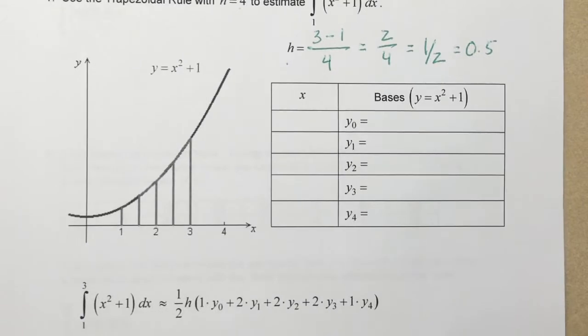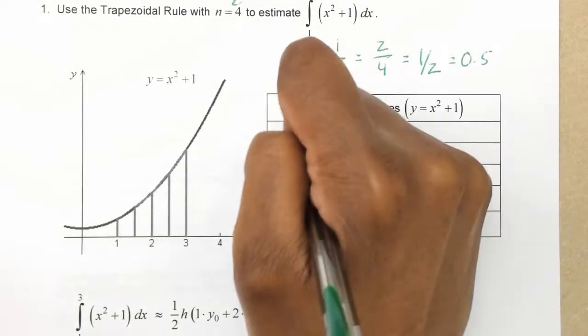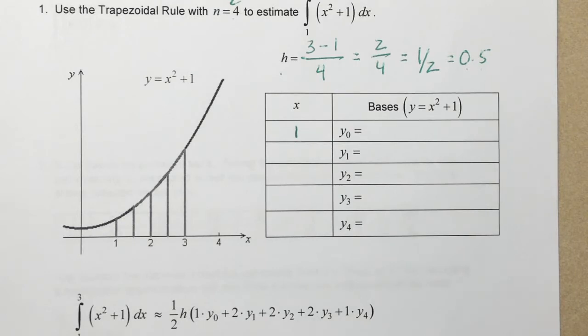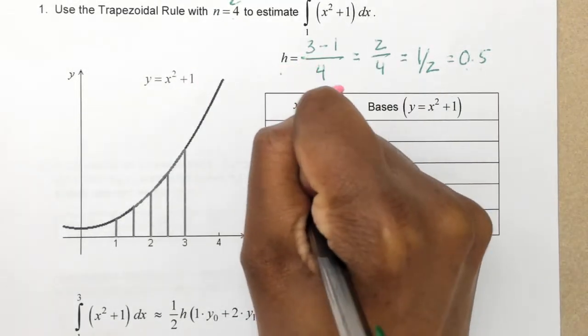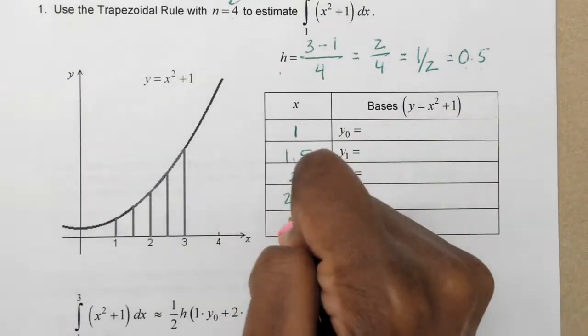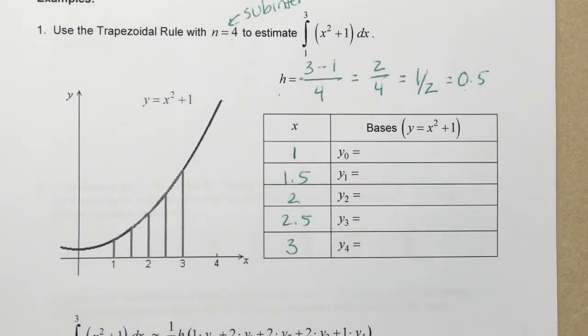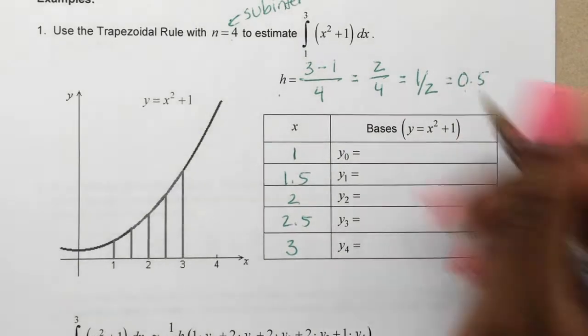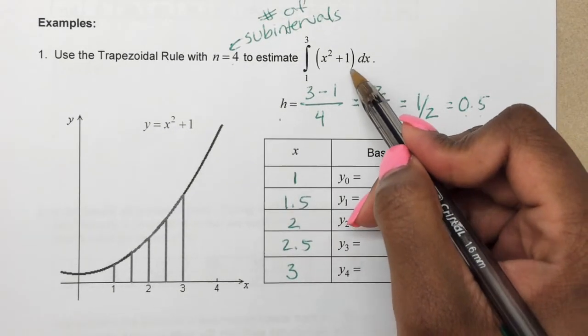To create this table, we know we're starting at 1, and our subintervals occur in 0.5 spaces. So 1, 1.5, 2, 2.5, and we're ending at 3. Now to find our y values, we plug into the equation that was given to us from the integral.